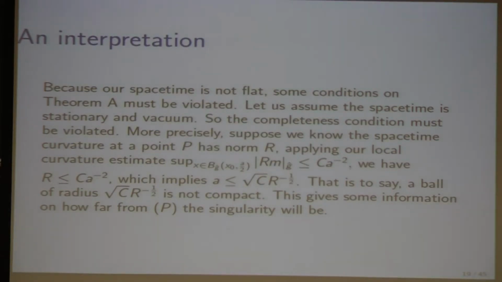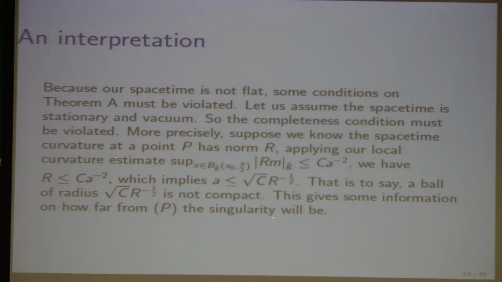But because the argument is by contradiction, we do not know how far the singularity will be. But here it is explicit. This C is just a universal constant.